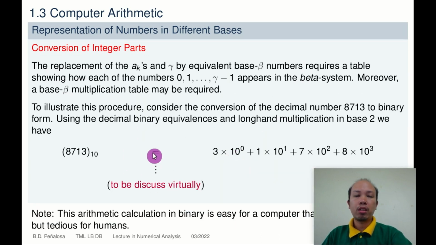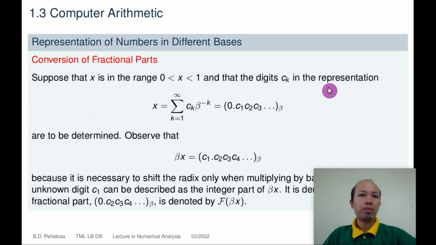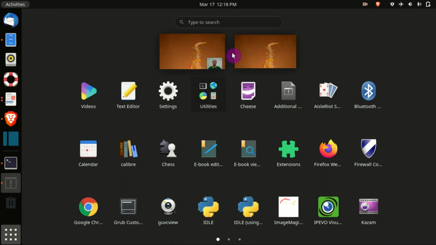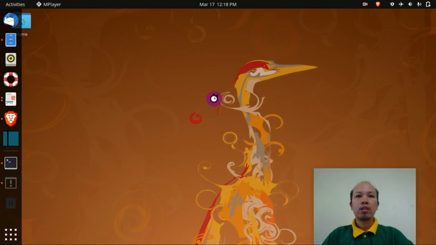The given number, we should write it in this form first, and then replace these numbers by the beta number that you are going to get. Let me open my whiteboard.